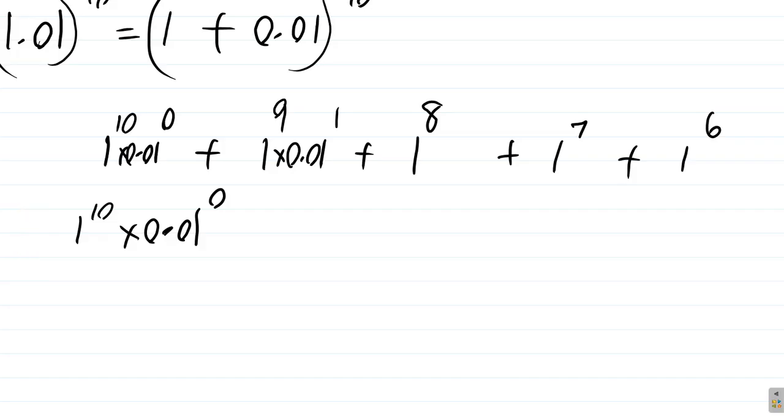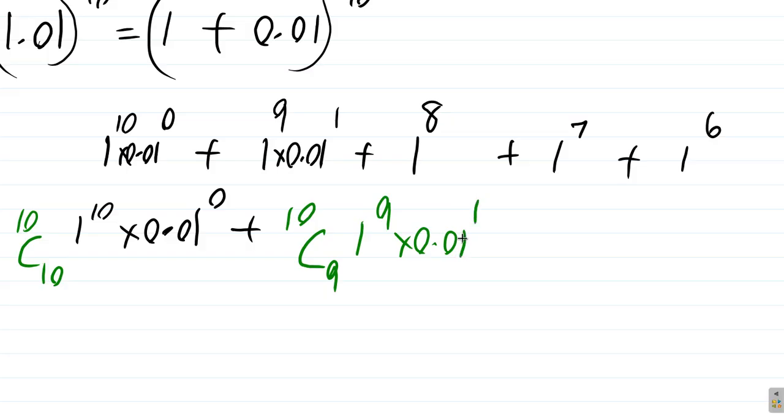Plus the coefficient next is going to be 10C9, because there are 9 ones, and then we have 1 to the 9 times 0.01 to the 1.